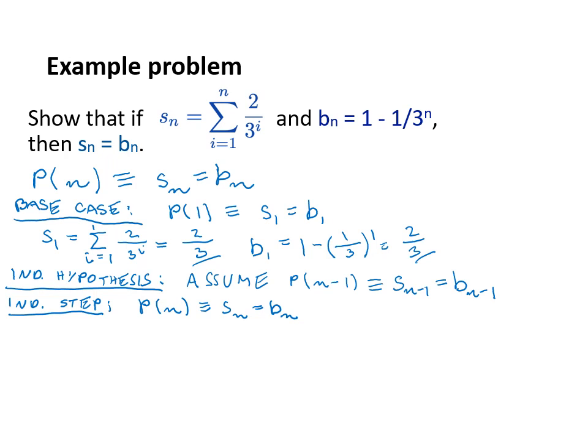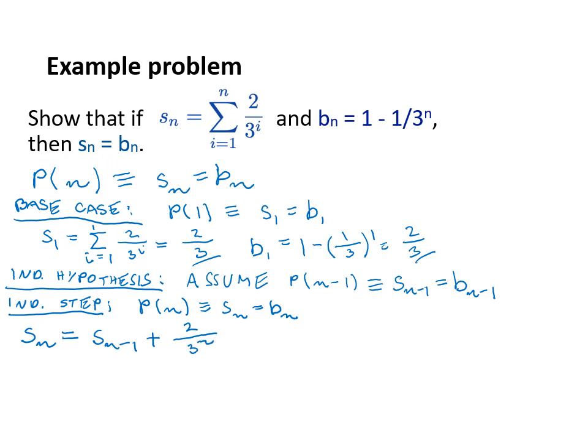So how are we going to do this? The same as in the previous proof. First, we are going to write out S of n recursively. So S of n in this case is equal to S of n minus 1 plus 2 over 3 to the power of n.